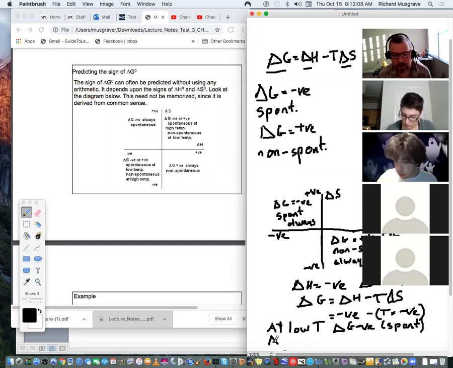And at high temperature, delta G will be positive, which would be non-spontaneous.